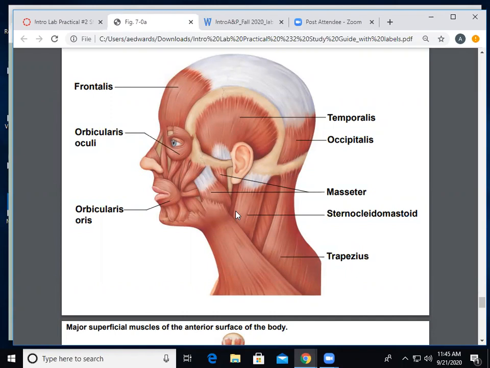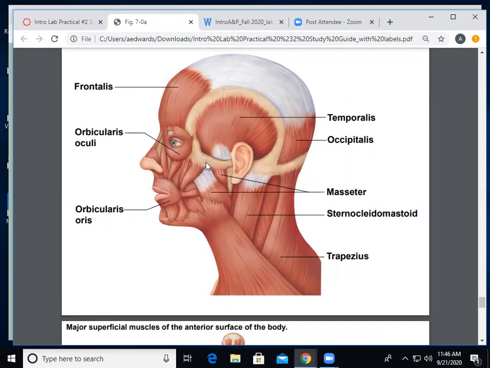In the lecture class, you have access to Mastering A&P. You can usually find it in the study area. You can look at the muscles of the body.